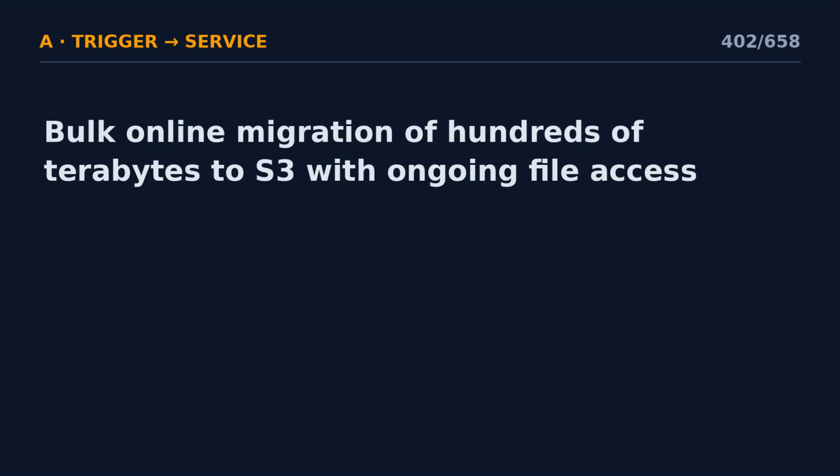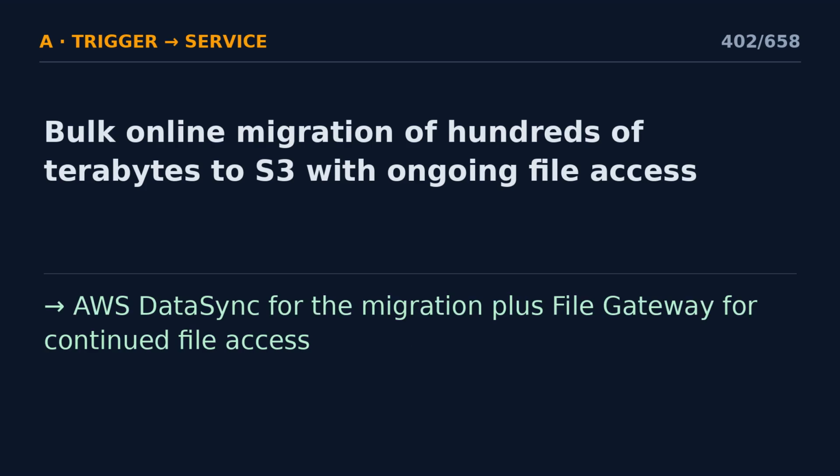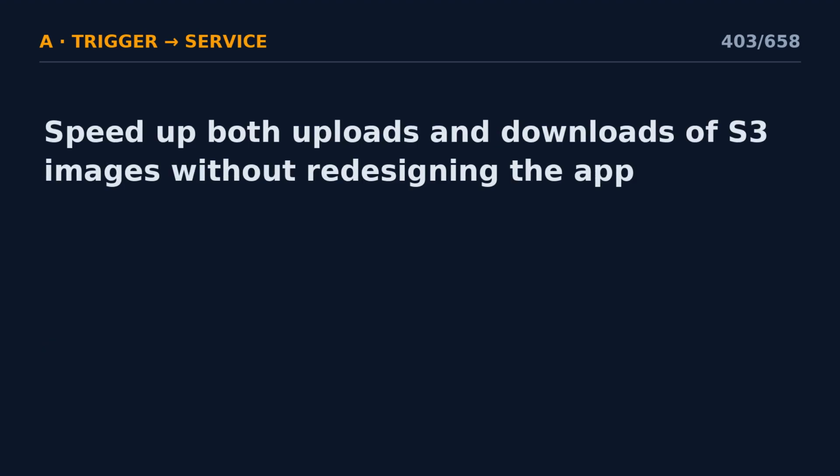Bulk online migration of hundreds of terabytes to S3 with ongoing file access. Answer: AWS DataSync for the migration plus file gateway for continued file access. Speed up both uploads and downloads of S3 images without redesigning the app.